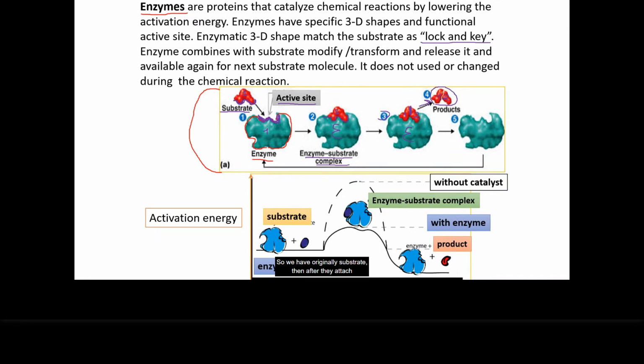So we have the original substrate, then after it attaches to the enzyme and makes the enzyme substrate complex, next the enzyme changes its shape, and because of this, connections between atoms were broken in this substrate, and it was separated into two separate units, 1 and 2.